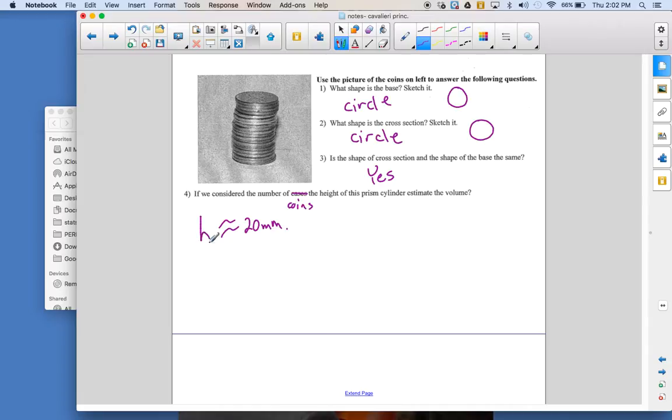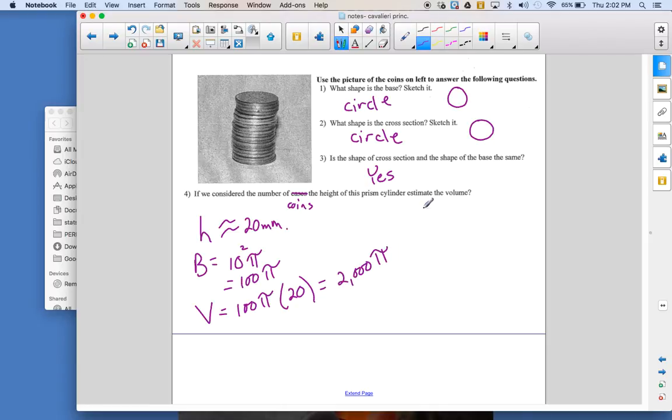So if my height is approximately 20 millimeters, or 20 coins, and the radius of my circle is 10 millimeters, then the area of my base is 10 squared times pi, or 100 pi. So my volume is going to be the area of my base, 100 pi, times 20. Since 2 times 100 is 200, 20 times 100 must be 2,000 pi.